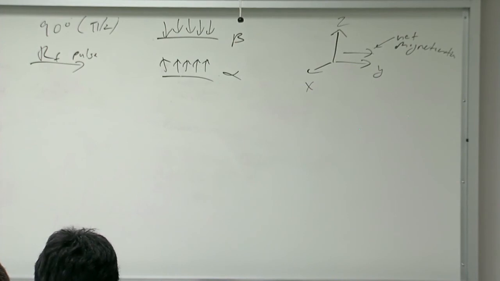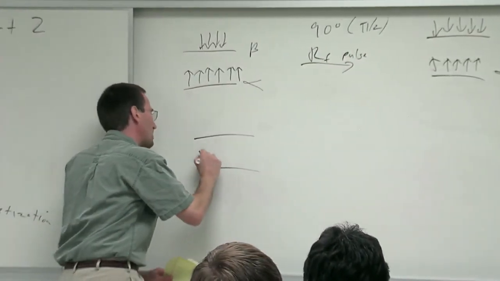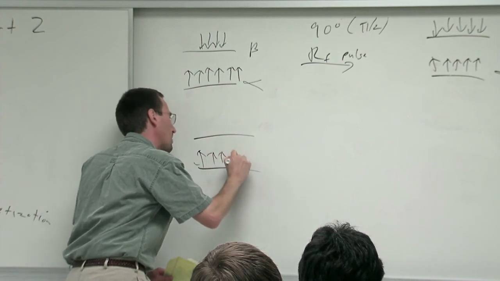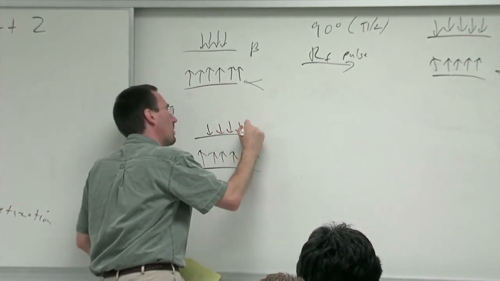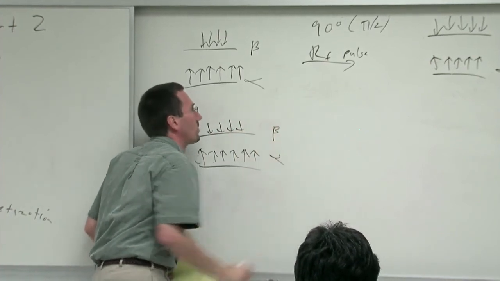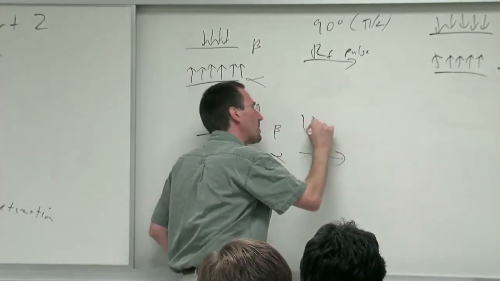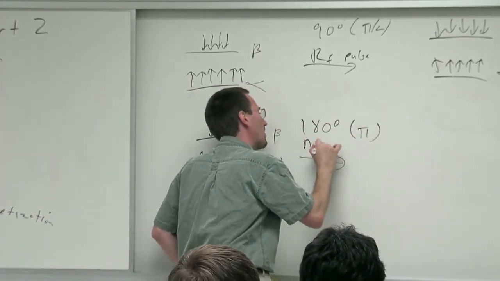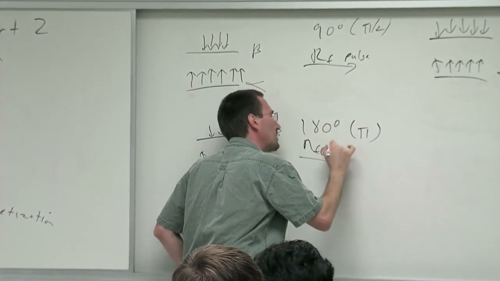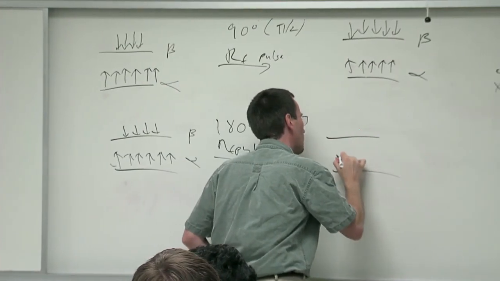And if we apply a longer pulse, a more powerful RF pulse, so again, I will represent our 6 little arrows and 4 little arrows representing our differential populations of the beta state. If we apply a more powerful RF pulse, what we call a pi RF pulse or a 180-degree RF pulse, I can invert the population.